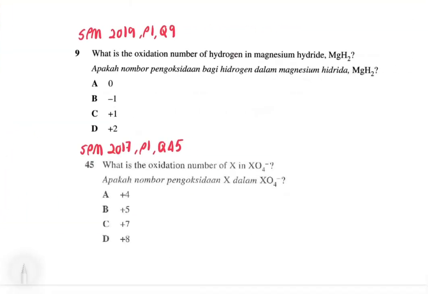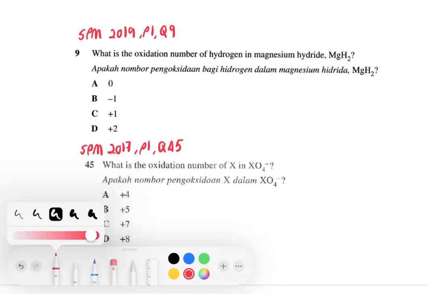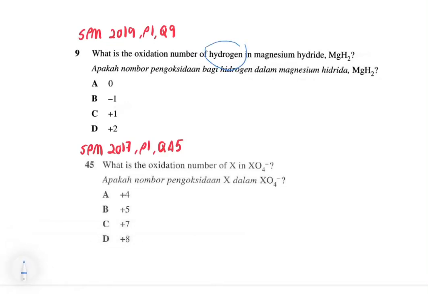The first example is from SPM 2009, paper 1, question 9. It asks what is the oxidation number of hydrogen in magnesium hydride. So if magnesium is +2, the 2 hydrogens are -2.